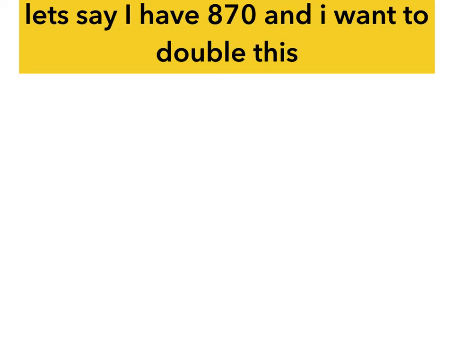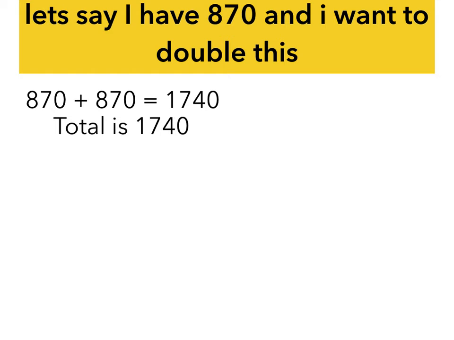Now let's say we have another example here and we have 870 instead of 100 and I want to double this. The first way to do this is, if you can do mental math, 870 plus 870, which will give us an answer of 1740.